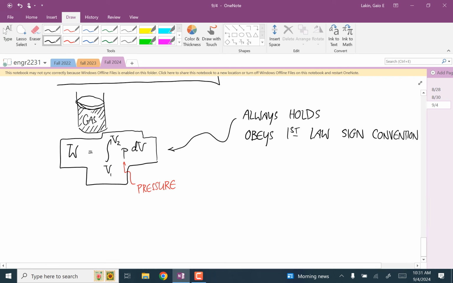And some intuitive things that you should understand about this. You can test it out, just put some numbers in and see that it works this way. The work of expansion is positive anytime the gas expands.